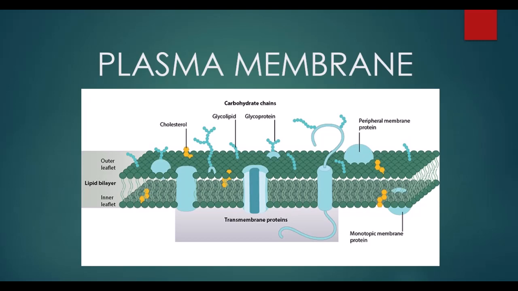The first is integral membrane proteins, which are embedded directly within the lipid bilayer. Second is peripheral membrane proteins, which are not inserted into the lipid bilayer but are associated with the membrane indirectly.